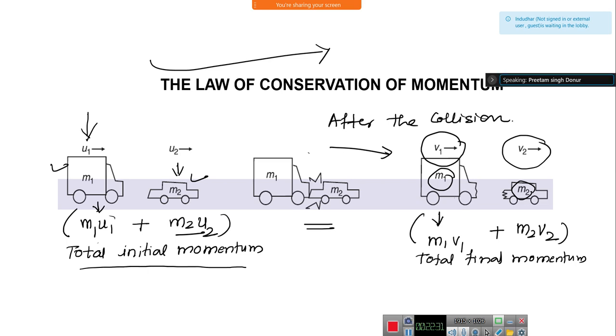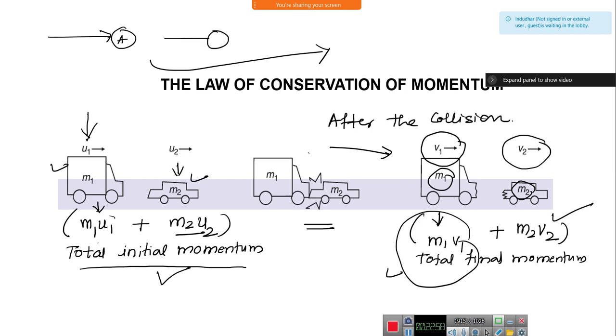So what is the use of this? Suppose you know the total momentum here, and you know this, then you can find this. Suppose you hit something with some object, maybe two objects, you can very easily find out what its speed will be after it hits by using this equation, which we are going to solve.